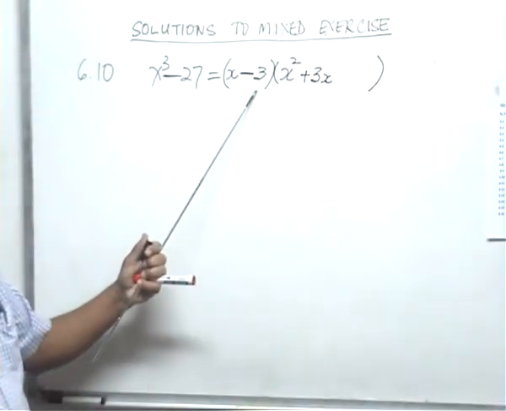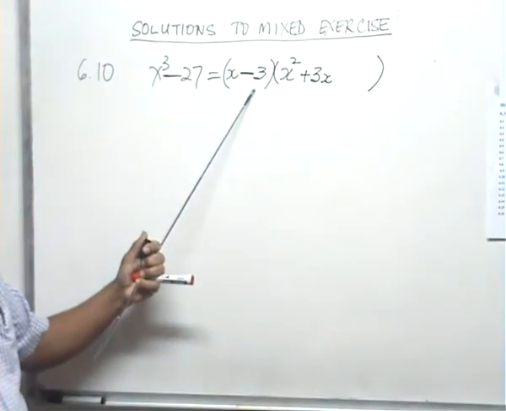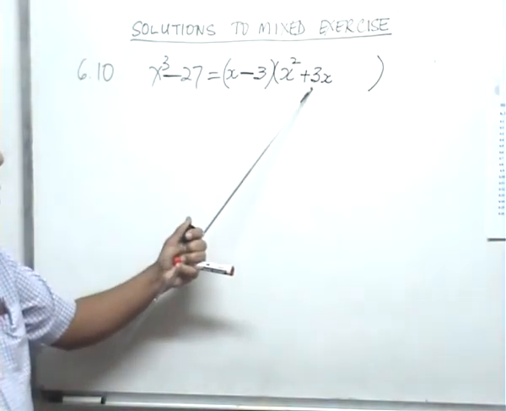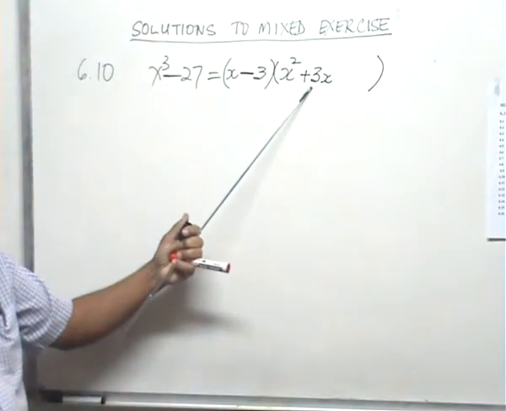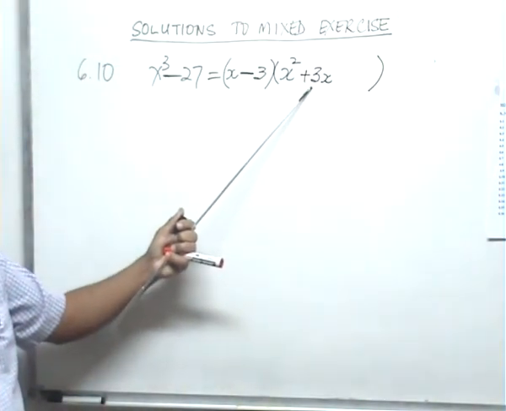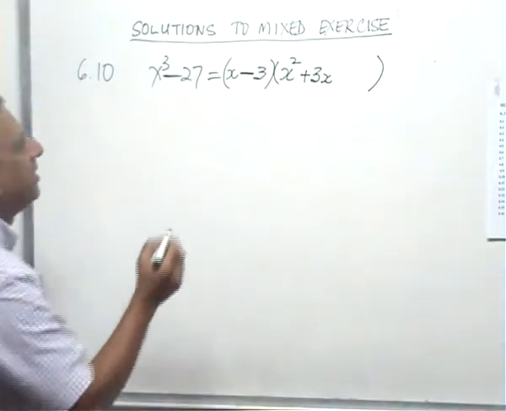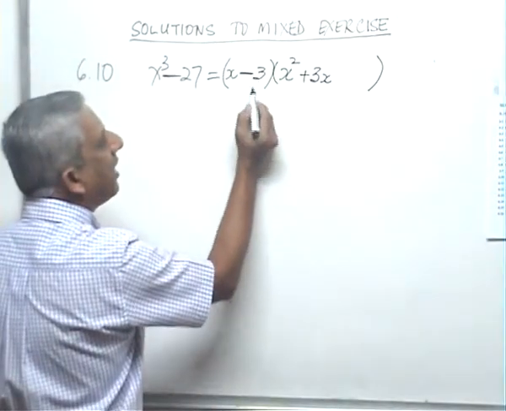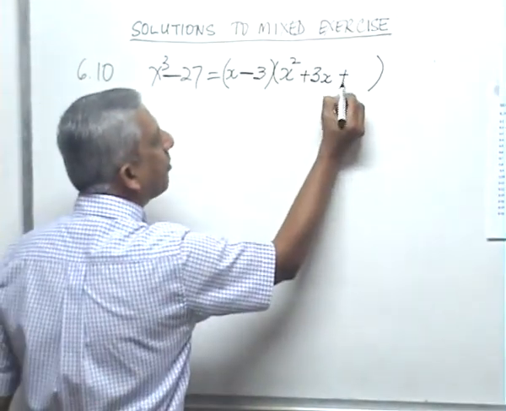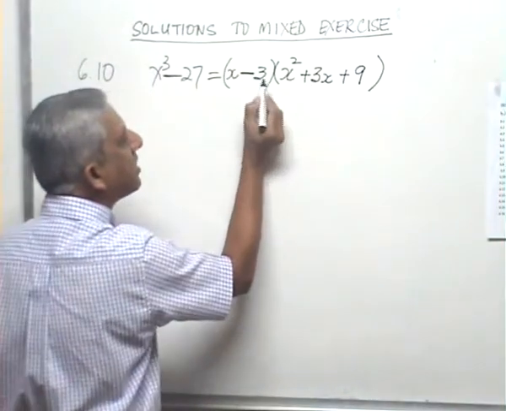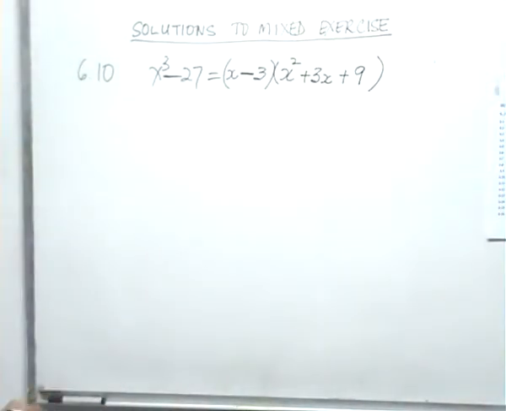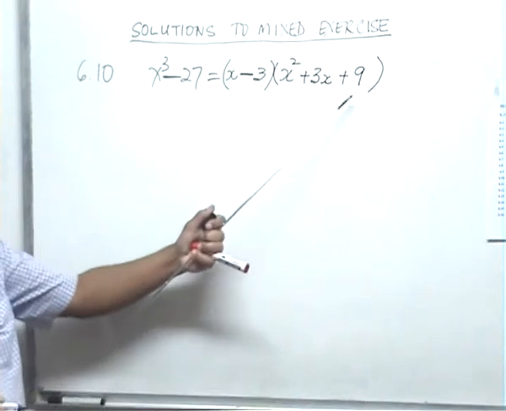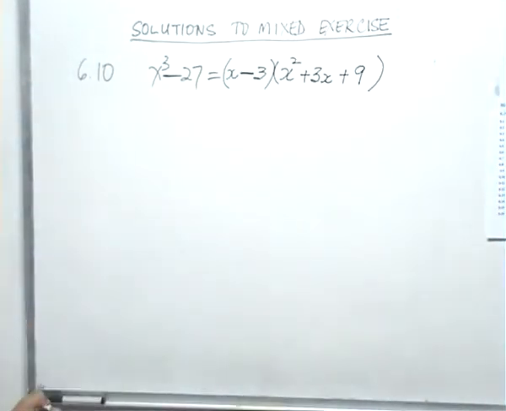You take these 2 and you multiply it, you get minus 3x. Then you write it here with the opposite sign, therefore it will be plus 3x. And finally, you take minus 3 and square it, you get plus 9. Because minus 3 squared means minus 3 times minus 3, which gives you plus 9.